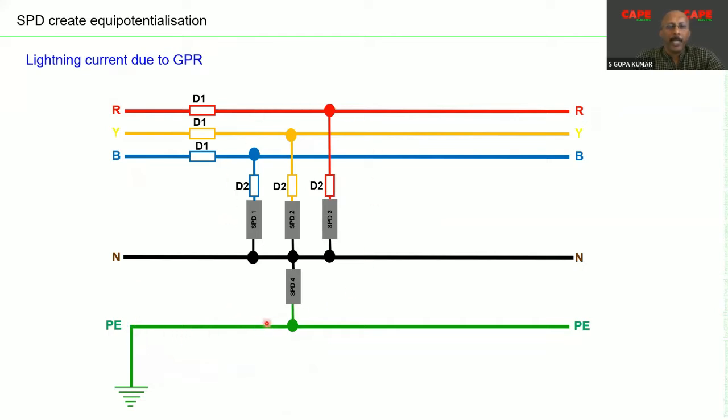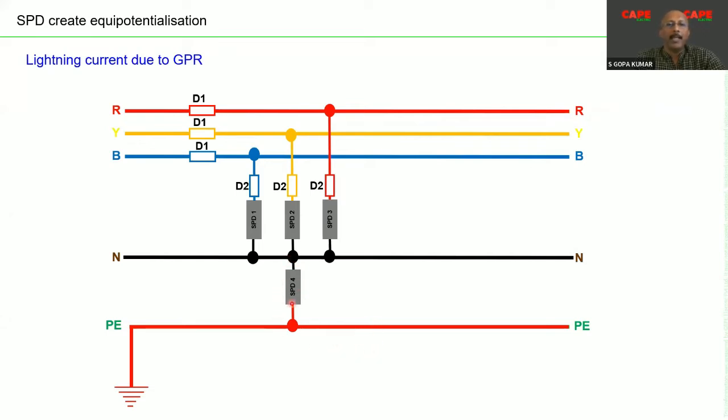Typically, 4 SPDs are connected in parallel, 3 between the 3 line conductors and neutral, and 1 SPD between neutral and earth. Imagine there is a direct lightning strike probably on the building or closer to the building. As a result, the earth potential is going up and ground potential rise is happening. The potential of the earth conductor is suddenly going to a high level.